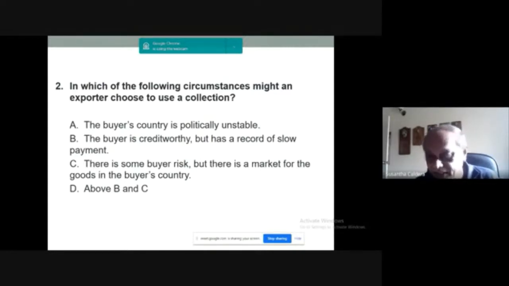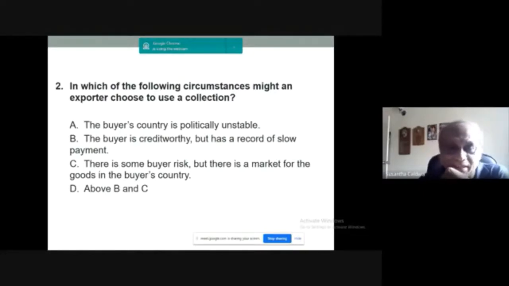What about C? There is some buyer risk. Buyer not sure.